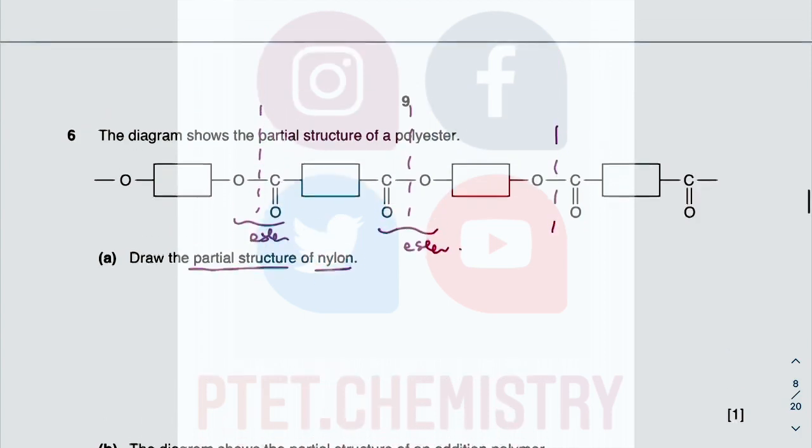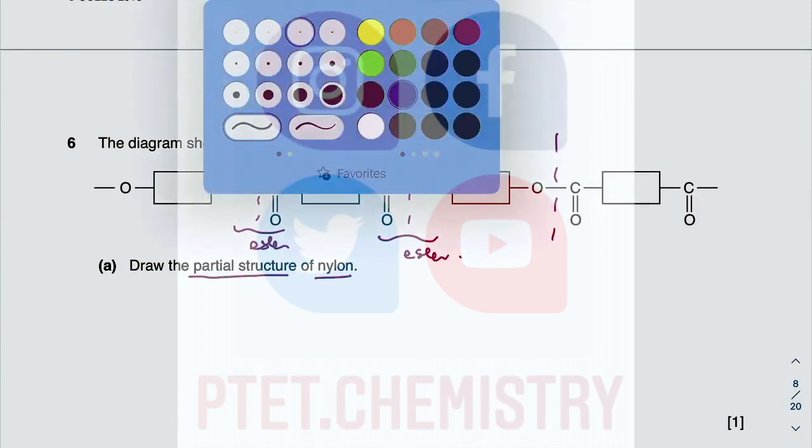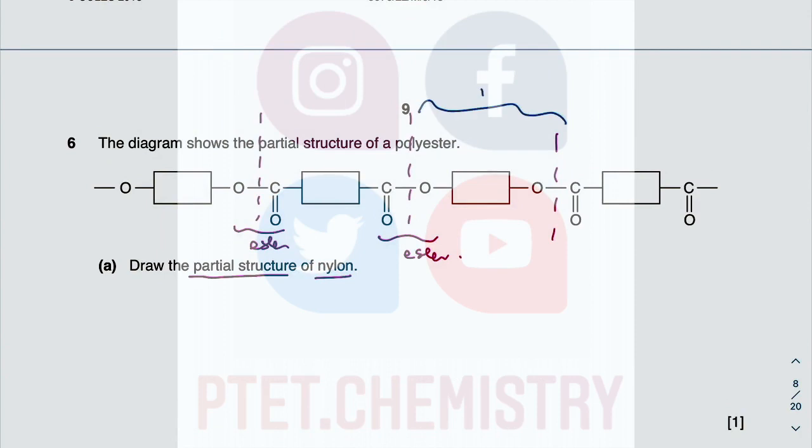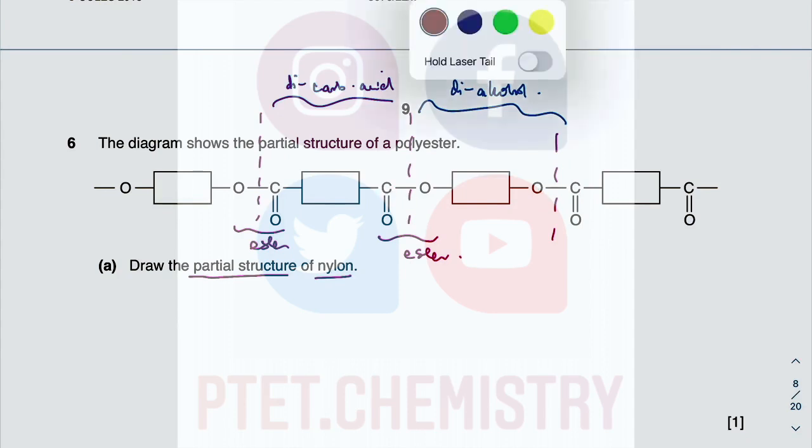So in reality you would have that being the alcohol and that being the carboxylic acid, but it's not a normal carboxylic acid, it's a di-alcohol because 2 alcohol on both ends and 2 carboxylic acid on both ends. That means one repeat unit for the polymer is going to be from there to there.